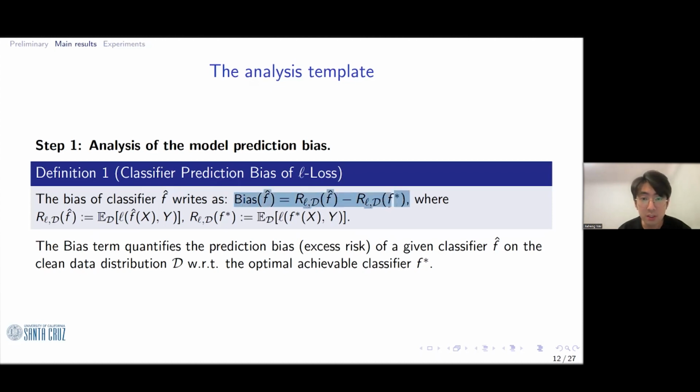The first risk is the expected loss of this pre-trained classifier f hat under the clean label data distribution. The second evaluates the performance of f star, which is the best achievable classifier under some hypothesis space.